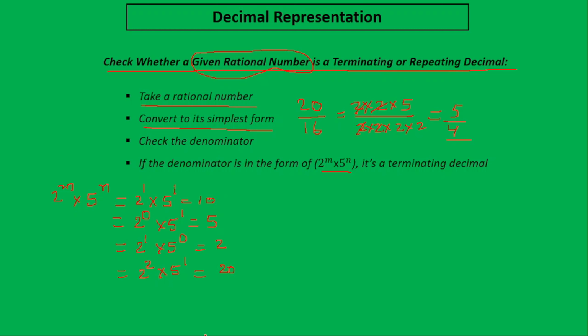So even if the denominator is 20, this is of the form 2 to the power m into 5 to the power n. If the denominator of the simplest form is of this form, then you can say that the rational number is a terminating decimal.